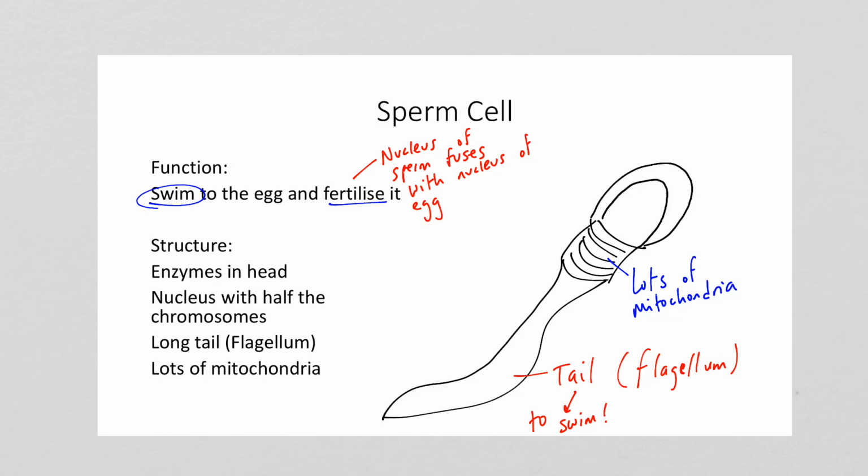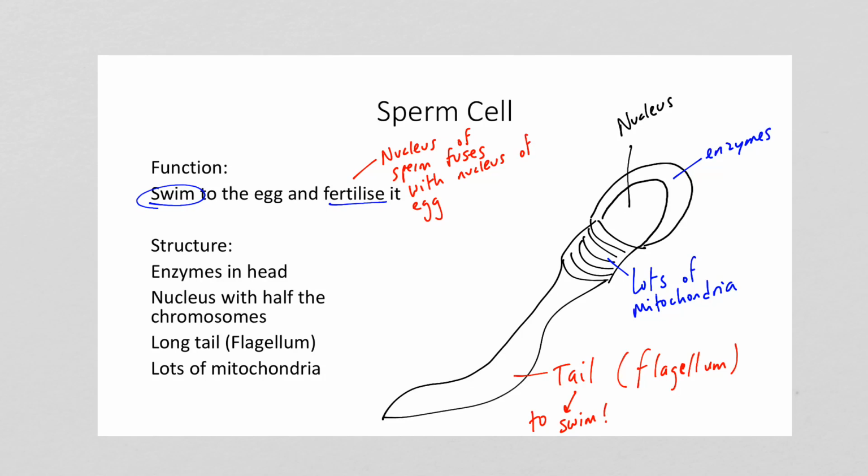In the head, we have the nucleus, which contains the genetic information. And then above that, we have something called the acrosome, which contains the enzymes for getting into the egg.